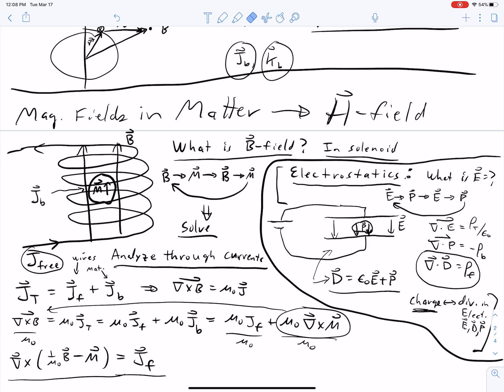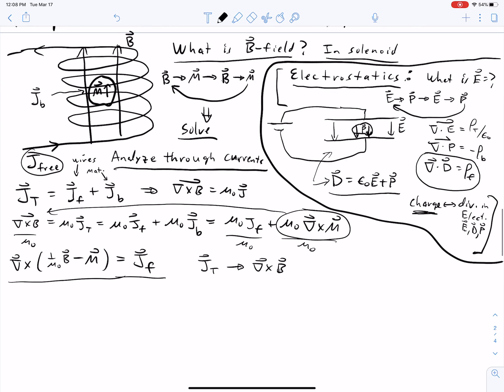If we have J total, it causes curl in B, and then we know that J bound causes curl in M, because that's the definition of J bound. But now we see that J free causes curl in something else.